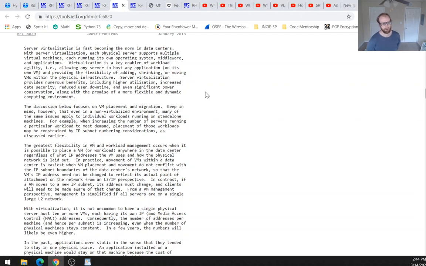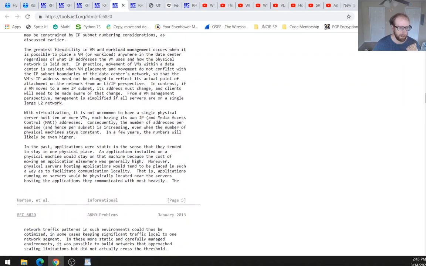In contrast, if a VM moves to a new IP subnet, its address must change, and clients will need to be made aware of that change. From a VM management perspective, management is simplified if all servers are on a single large L2 network.